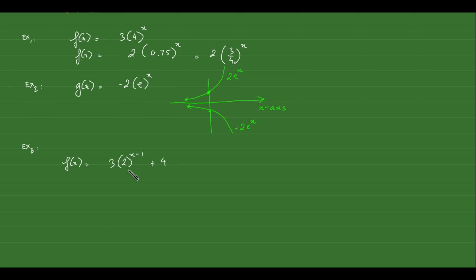So this is also an exponential function. What does it mean over here? It means that we have to move up 4 units and move to the right 1 unit. So usually I just do a quick sketch for you. Usually we just have this, right?